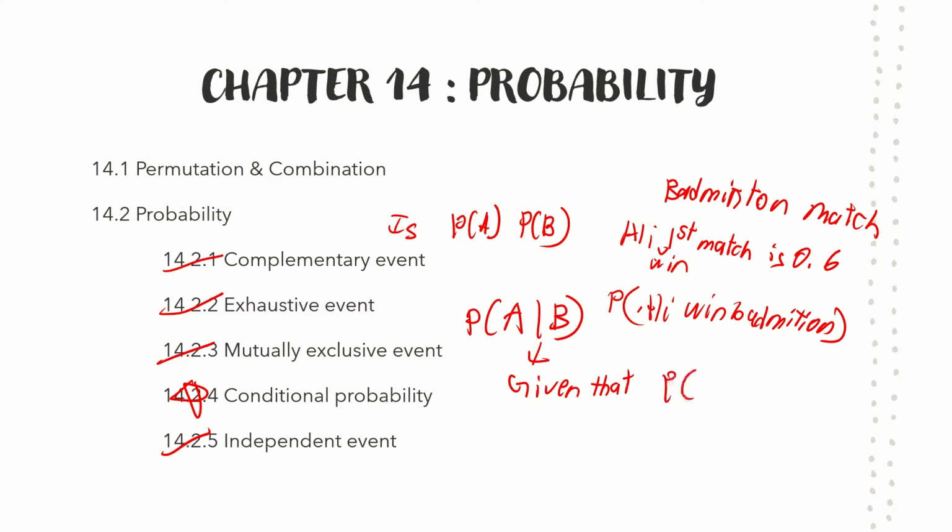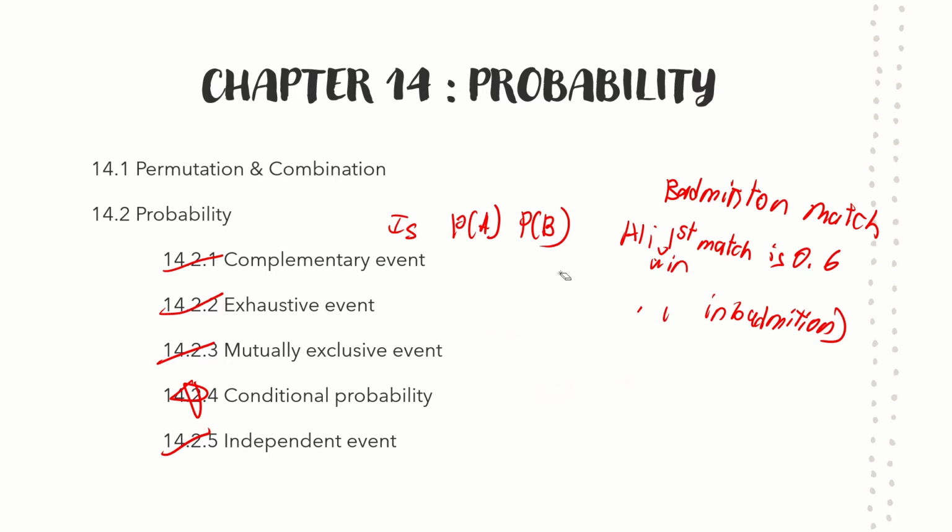If you want to find the probability of totally winning the badminton competition, you must write it like that: A is the probability Ali wins the badminton competition given that he wins the first match is 0.6. Questions can be like that, so you have to be more careful with this.